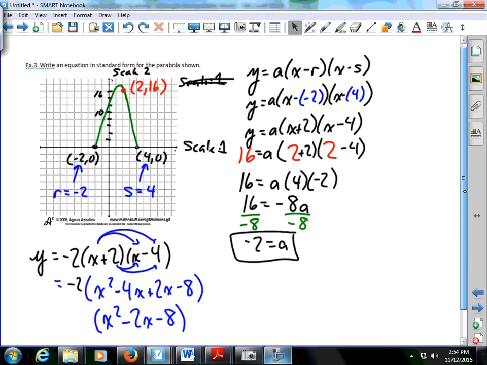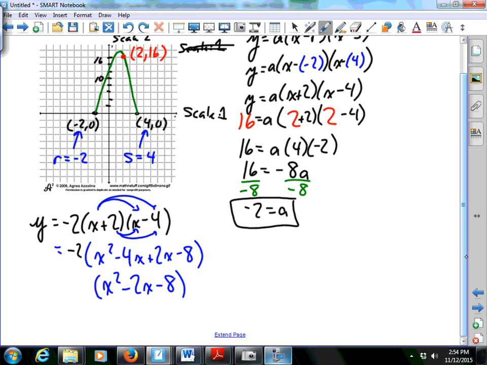Now I need to distribute the negative 2 to all three terms so that it is in standard form. So I get negative 2x squared plus 4x plus 16, and that equation is now in standard form.